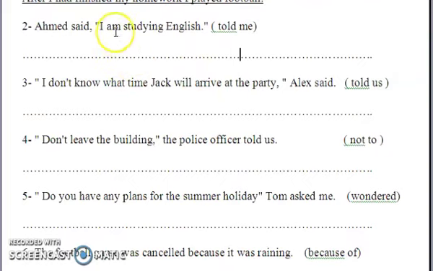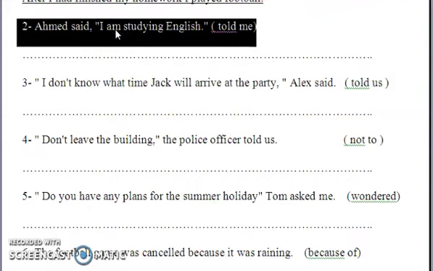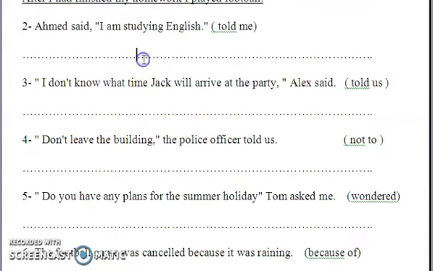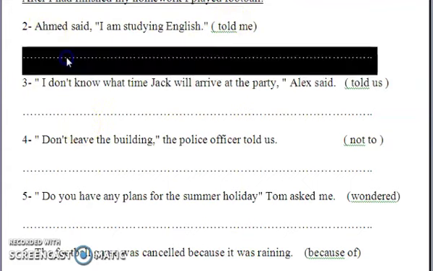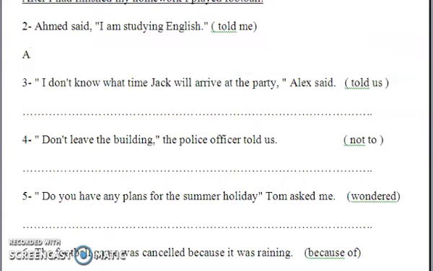Here, I have direct speech and I want to change it into indirect speech. The first step is that I will cross out the speech marks. Then I use told. So I can say Ahmed told me.